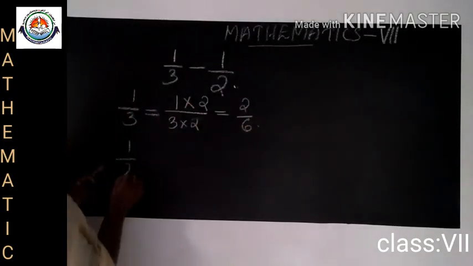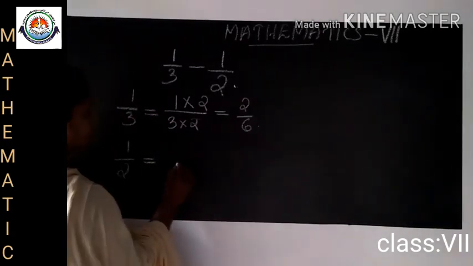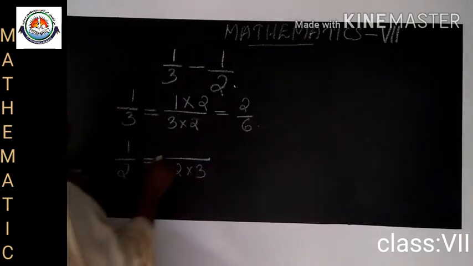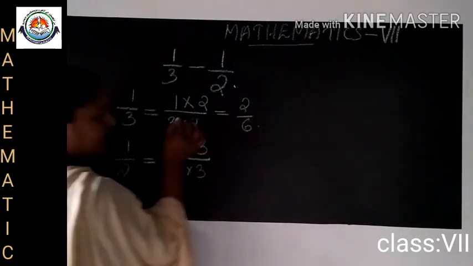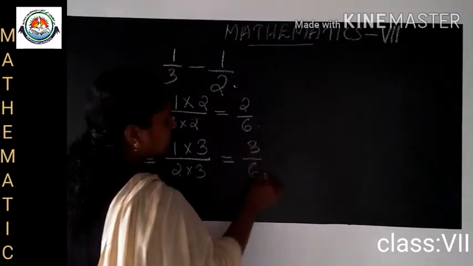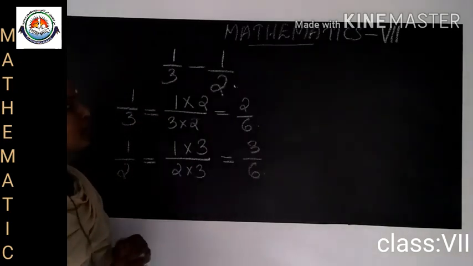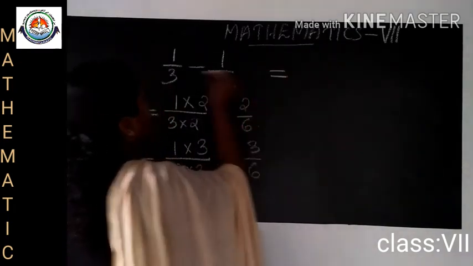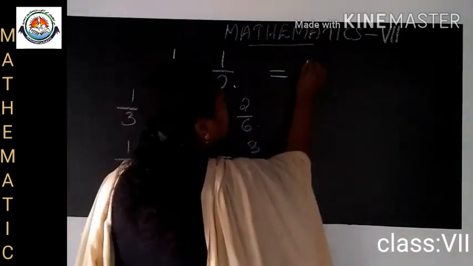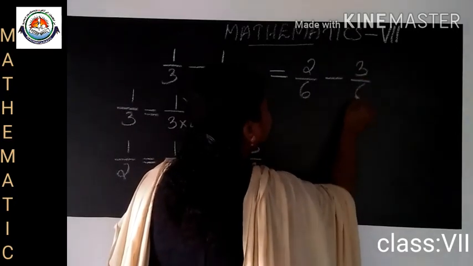And 1 by 2: how can we change this 2 into 6? 2 into 3, then the numerator also 1 into 3, so it is 3 by 6. So instead of 1 by 3 minus 1 by 2, we can write 2 by 6 minus 3 by 6.